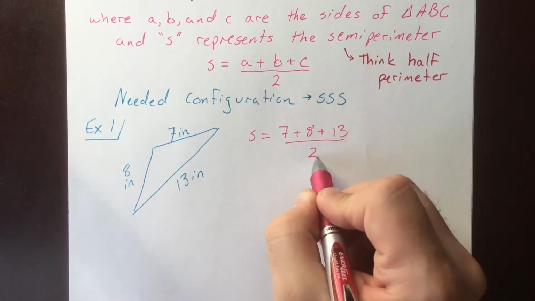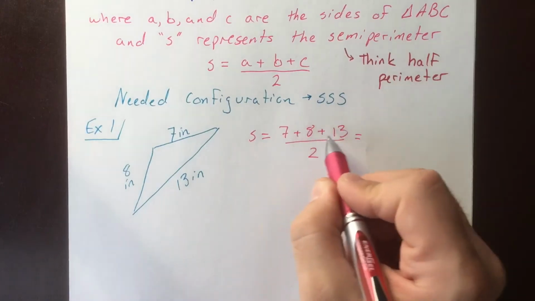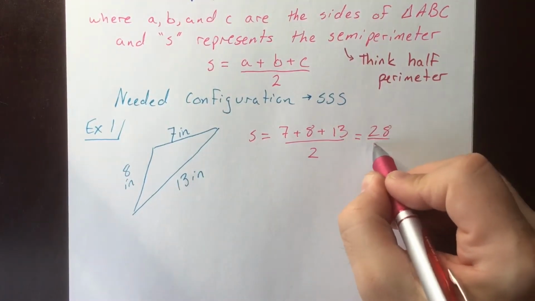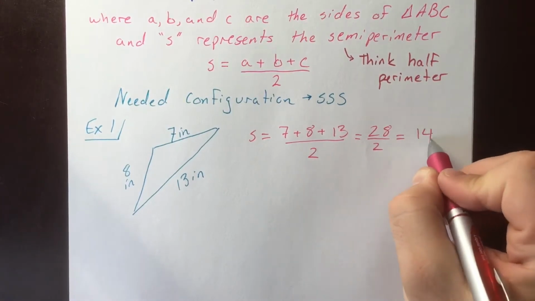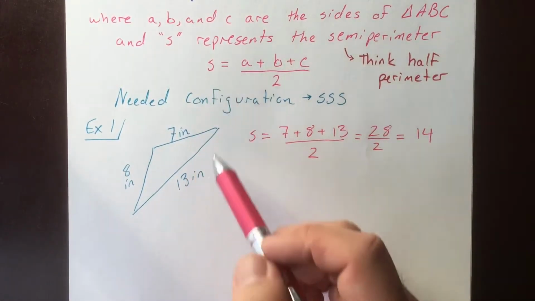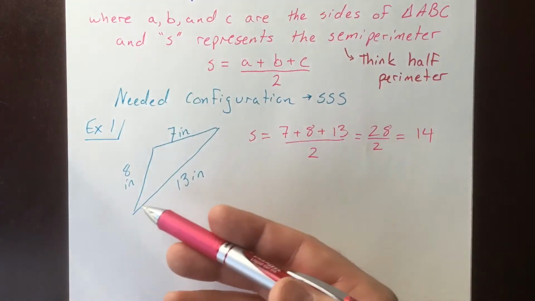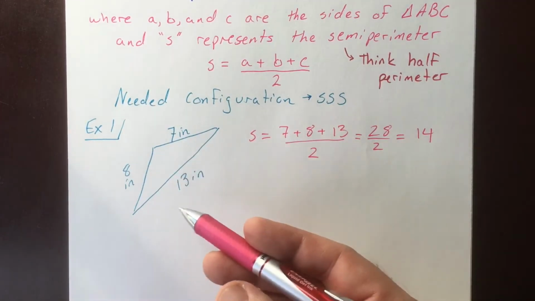We take that value and divide it by 2. So the sum of the three side lengths, that would be 28, and half of that is 14. So our value for S in the formula is 14. And what A, B, and C equals, it really doesn't matter, it's just the three side lengths.